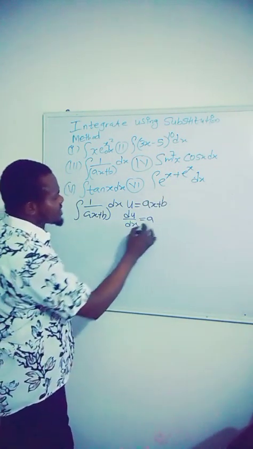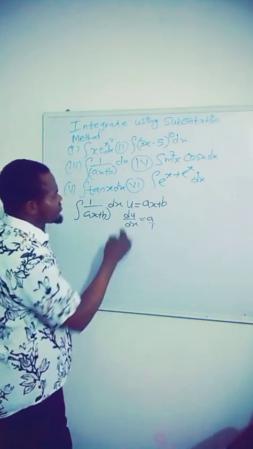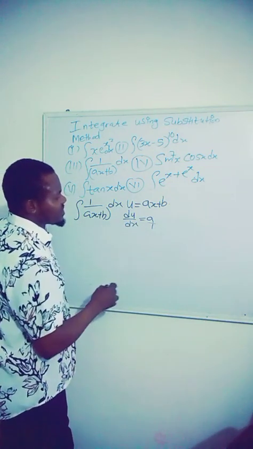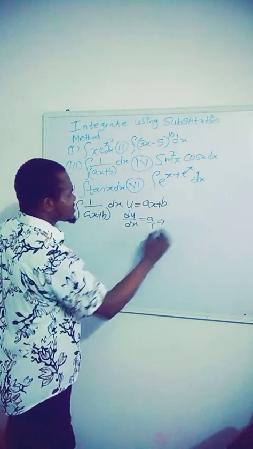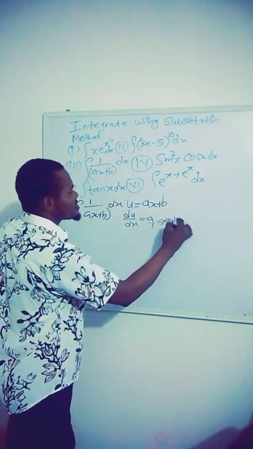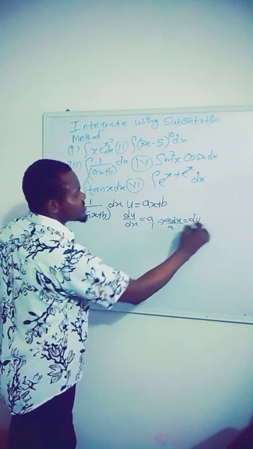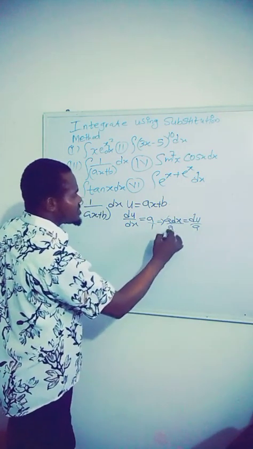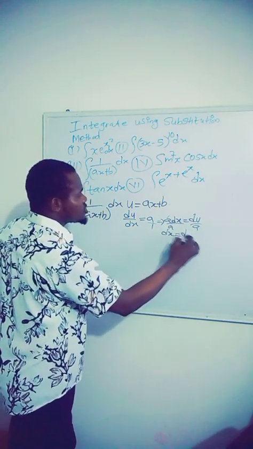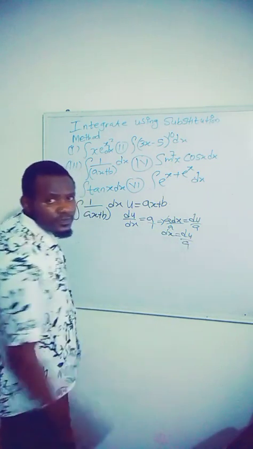If you make dx the subject of formula, it implies that a dx is equal to du. By the time you divide through by a, you have dx is equal to du over a.